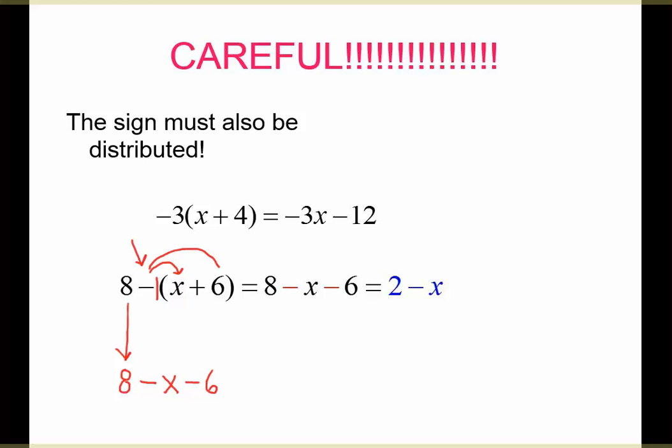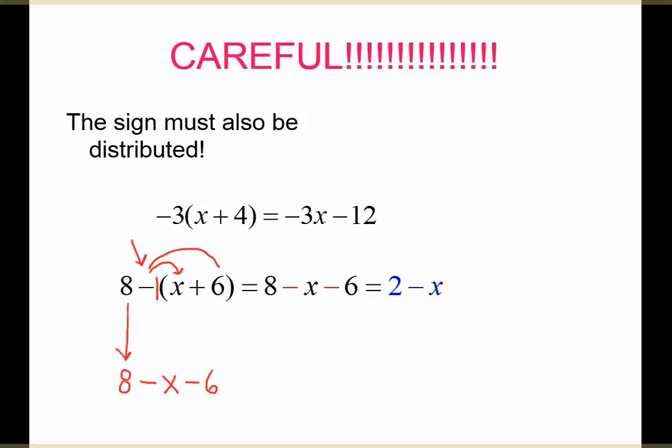All right, are we done? Well, we've got three terms here. We've got an 8, a negative x, and a negative 6. And before you can say you're done, you have to see if you can further simplify any of this. So are there any like terms that you could combine? Okay, we can combine like terms here. What do you think the like terms are? Okay, well, we've got that negative x in the middle, we've got the 8, we've got that negative 6.